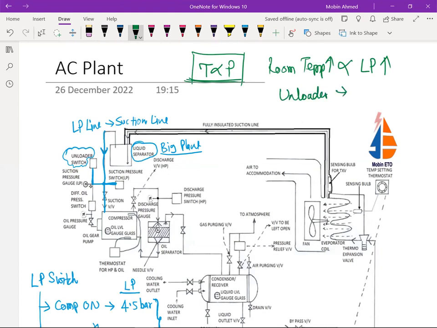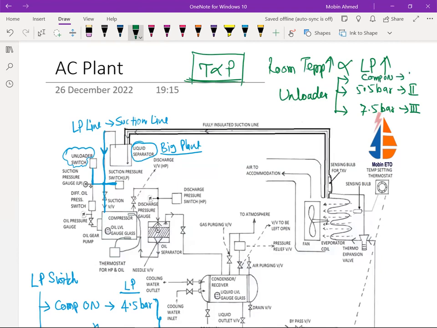I am going to set it, suppose, at 5.5 bar. The second setting I am going to do at 7.5 bar. So 5.5 bar will switch on the second stage and 7.5 bar will switch on the third stage. The first one is on by default when the compressor is on.